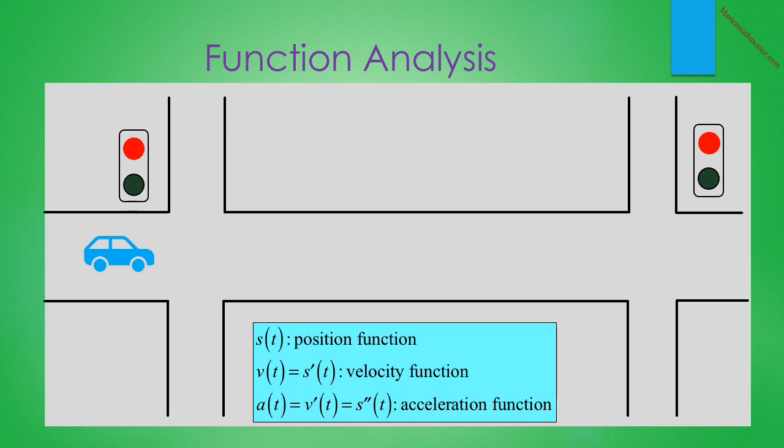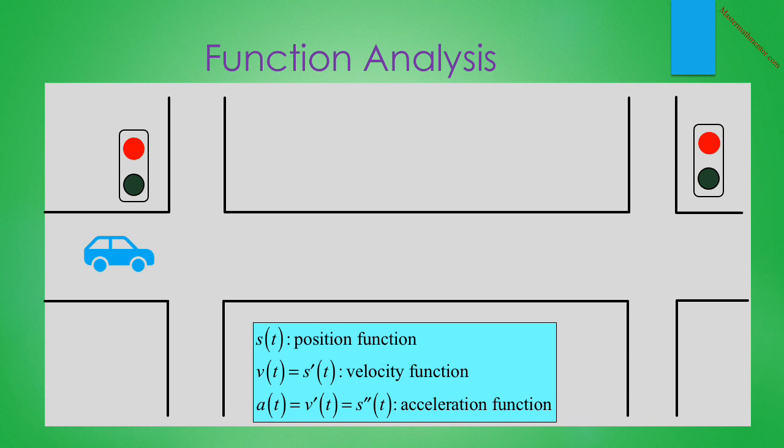Another time where we use inflection points is in straight line motion. Let's review a bit. In straight line motion, we had three functions. First, s of t, the position function that determined where on a straight line you were based upon time. V of t, which was the derivative of the position function, was called the velocity function.